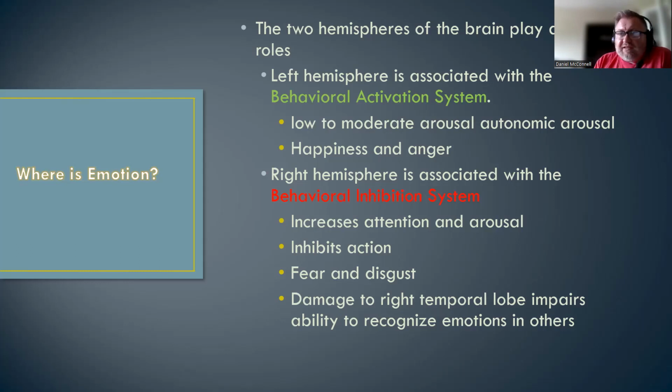I guess you could call this the infamous deer in the headlights response. When a deer is crossing the road and it sees the car coming, it freezes because it's activated this behavioral inhibition system. Oh, there's a possible threat. I'm not too sure if it's really a threat and what it is and what I should do. So in the meantime, my response is to freeze and do nothing while I further evaluate what's actually going on here.